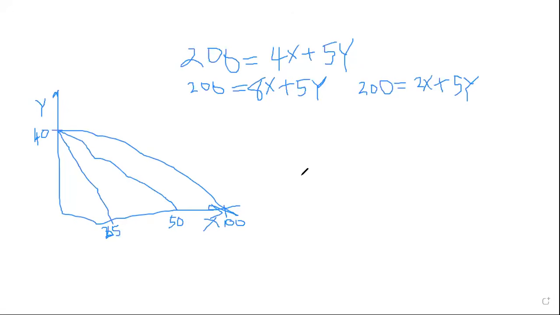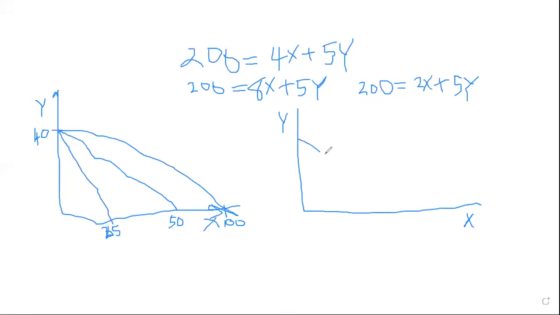Now you can do the same for commodity Y. You vary the price of commodity Y, holding the price of X constant. Right? So you can have X here.